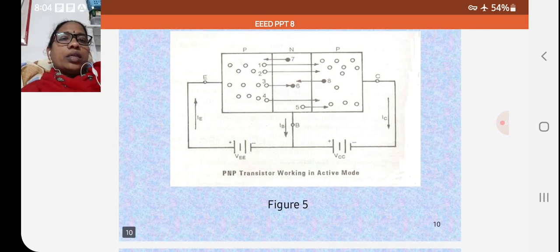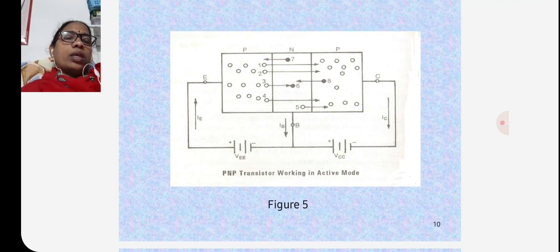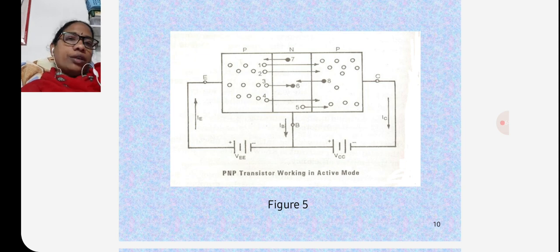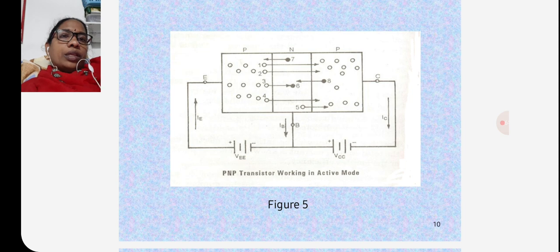Next, this is the PNP transistor working in active mode. A transistor can work in the active region, saturation region, and cutoff region, but here we consider the active region. In a PNP transistor, holes and electrons move from one side to the other depending on doping.